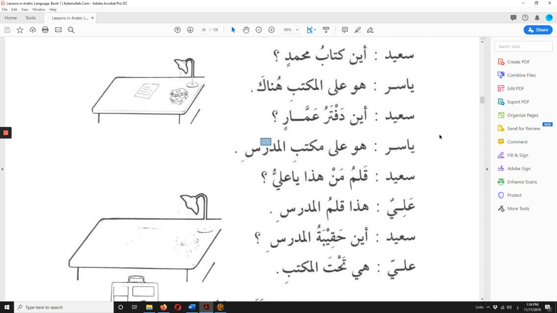A shadda means that the consonant is repeated twice, or emphasized, that you hold that sound. So instead of saying madaris, you say mudarris, right? You're holding that ra. Mudarris, okay?